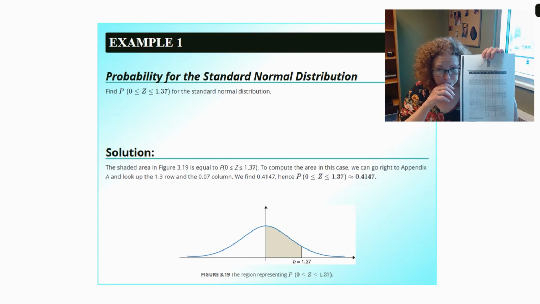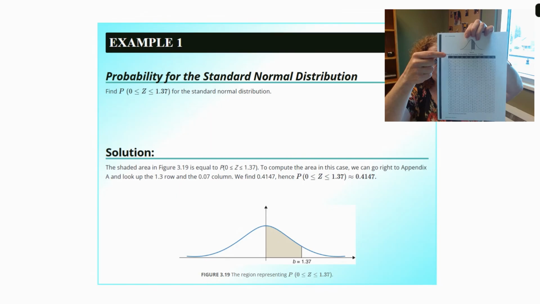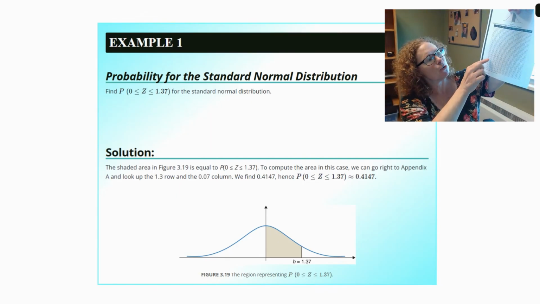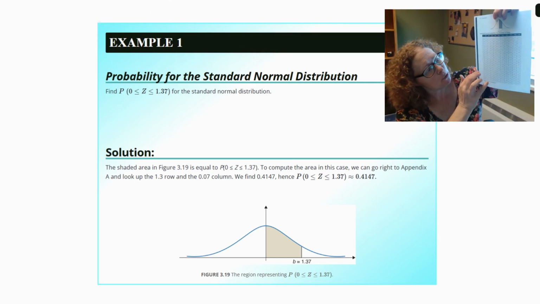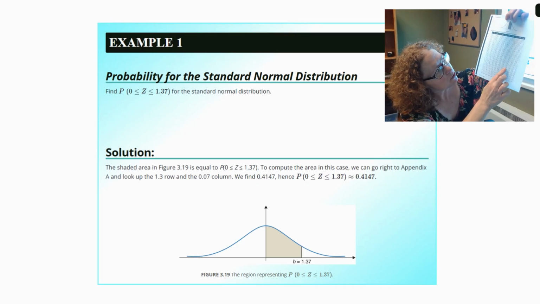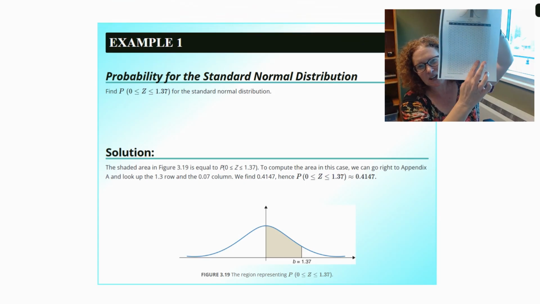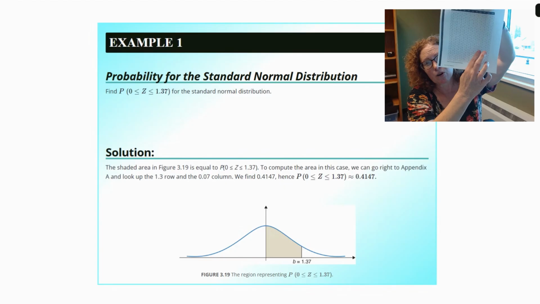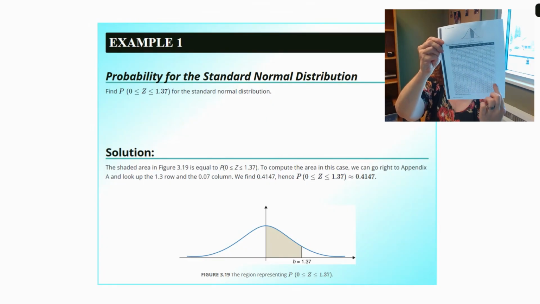We will go down this side until we get to 1.3, and then we move over until we get to 0.7, and there's that block right there, and it equals 0.4147. So we're moving down and across.